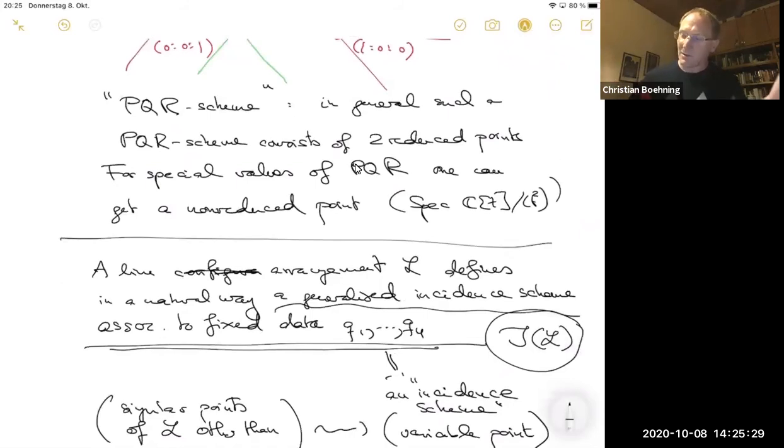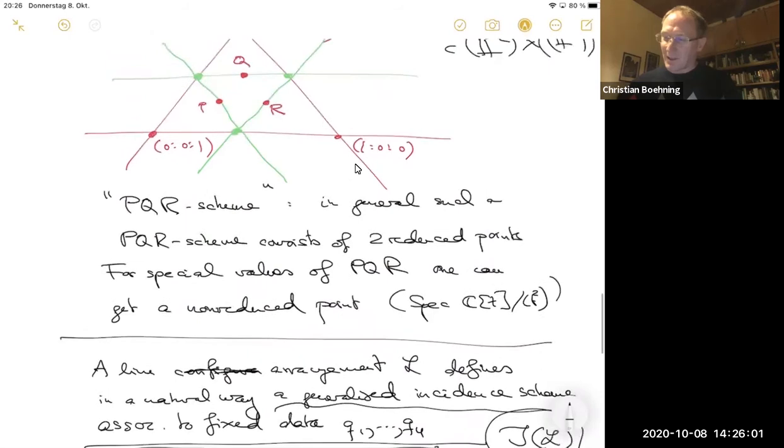Basically, call a point constructible in 0 steps if it's Q1, Q2, Q3, or Q4, then call a line constructible in n steps if it joins two points that are constructible in n-1 steps, and call a point constructible in n steps if it's an intersection point of two lines constructible in n steps.